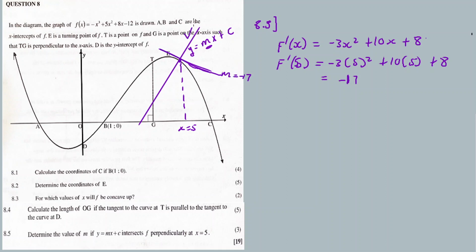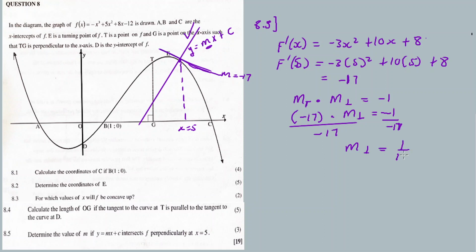So I want the gradient for this perpendicular line, m perpendicular. The gradient of the tangent times the gradient of the perpendicular line should give us minus 1. So the tangent has a gradient of minus 17 times m, the gradient of the perpendicular line, is minus 1. Divide by minus 17 both sides. m perpendicular is equal to 1 over 17.